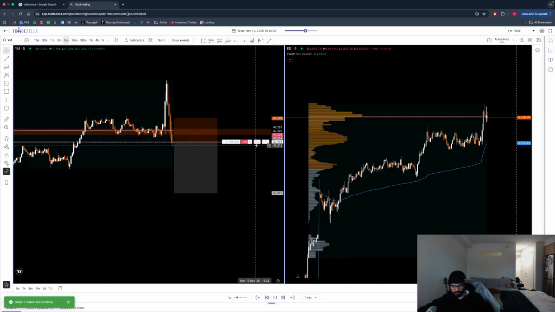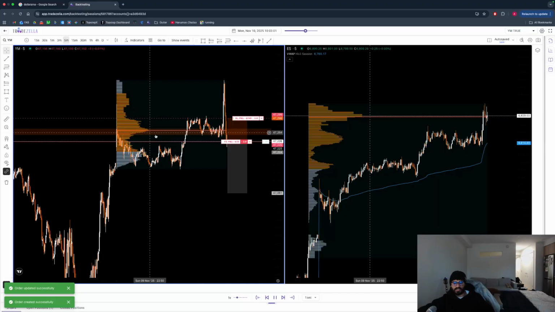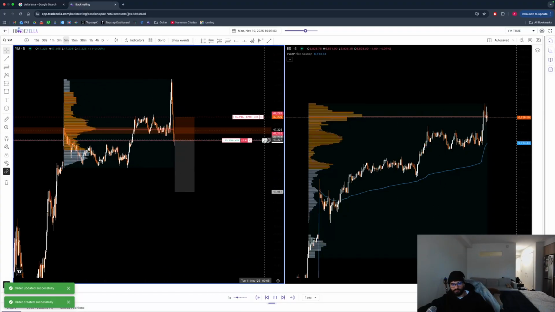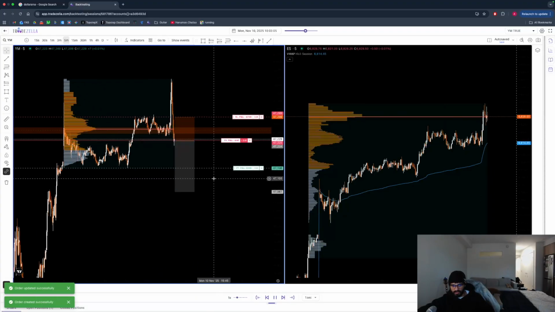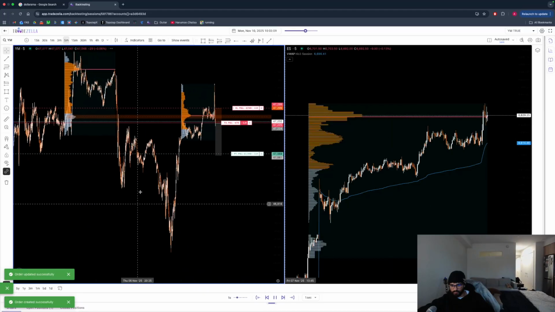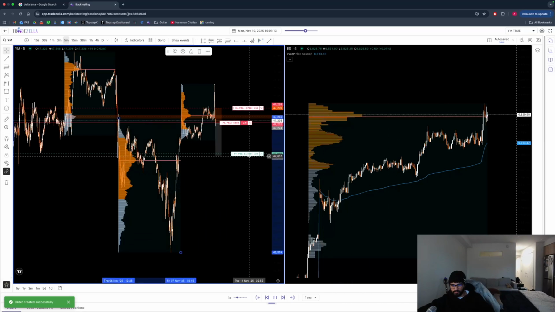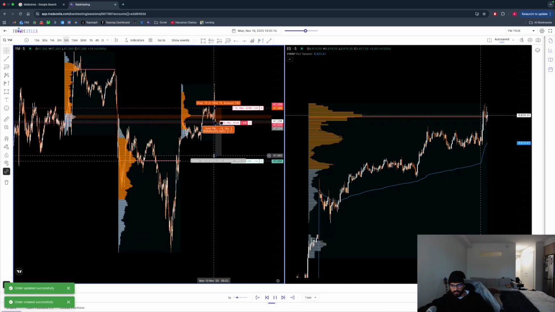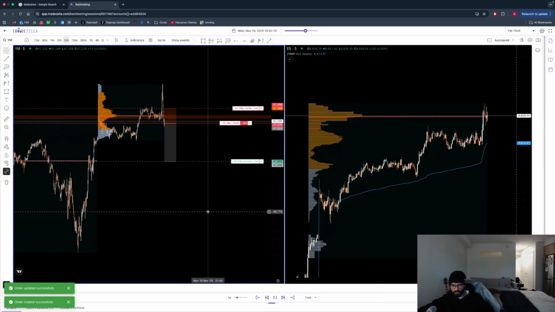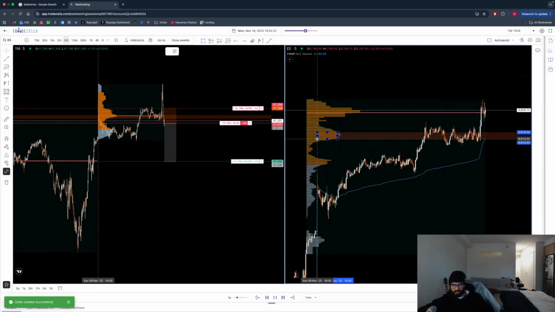Yeah. So basically what I saw, just hesitation around point of control. I'm very comfortable taking that. This, I would continue if I drew profile here. Target this point of control rotation. And on ES, just kind of be cognizant.